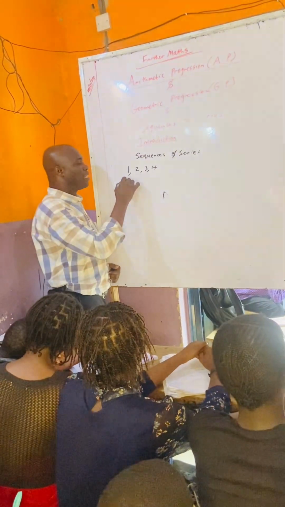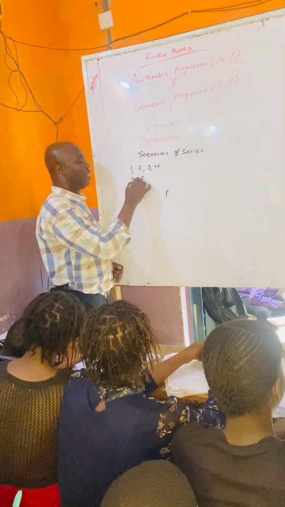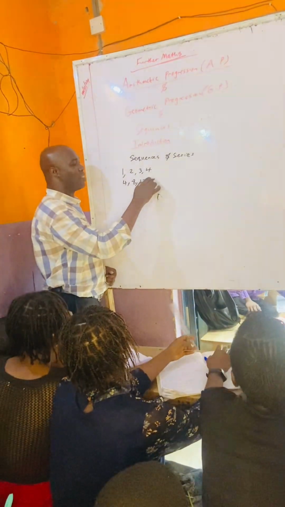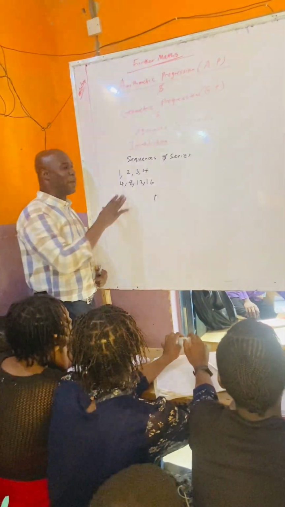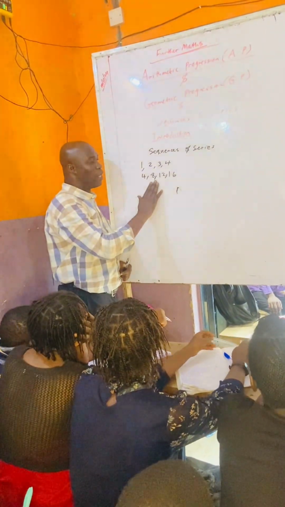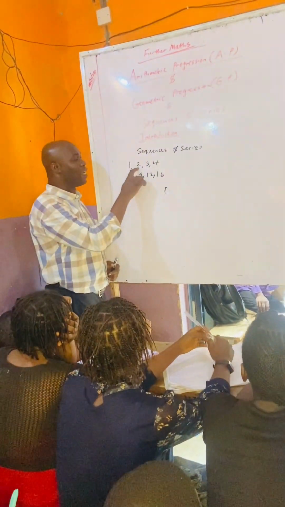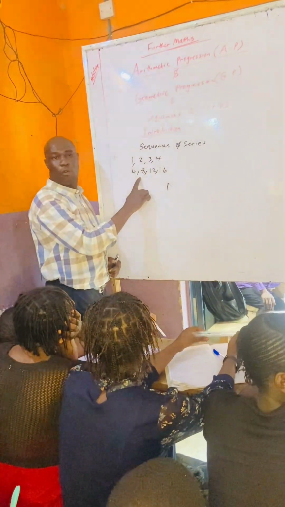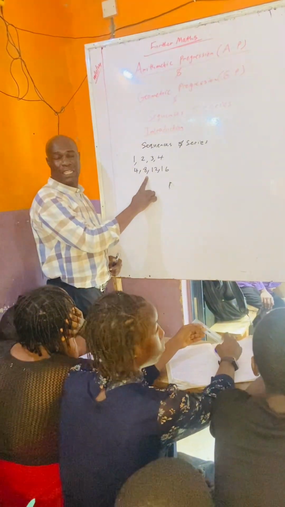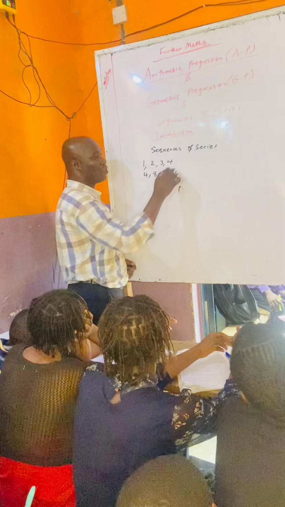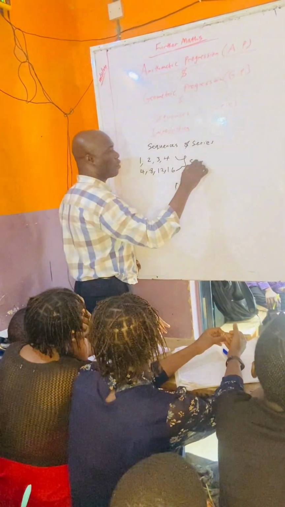Just like if I write 4, 8, 12, 16. The pattern is well arranged, in good order. Difference of 1 here. Difference of what here? 4 here. So this is referred to as what? Sequence.